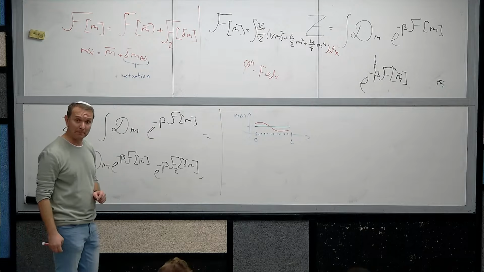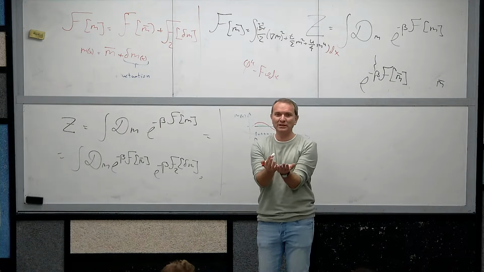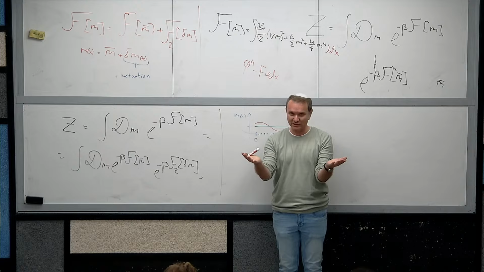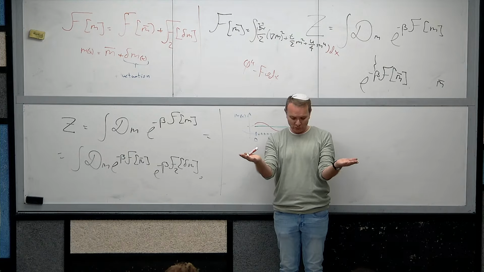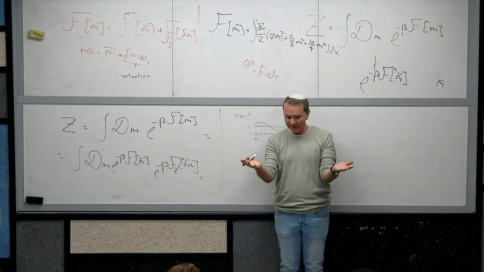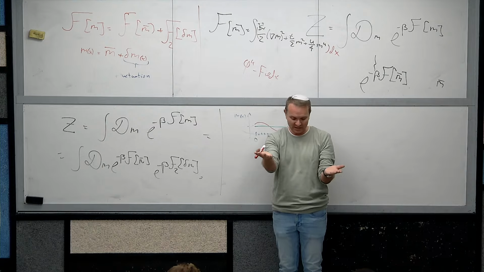So you can say I'm looking physically at a system, and it's never a constant value. You look at a ferromagnet, and it's never a constant magnetization everywhere.